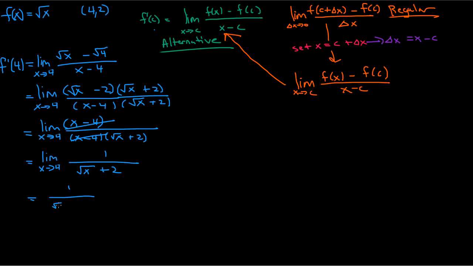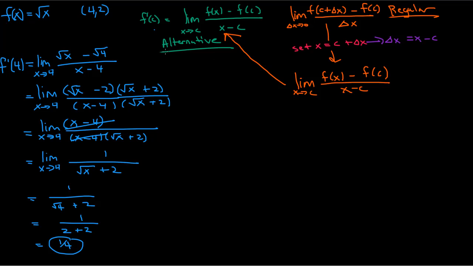Sorry about that. 4 plus 2 equals 1 over 2 plus 2 equals 1 over 4. So there we are. There's the slope of the tangent line at the point 4, 2 when our function is the square root of x. 1/4. So that was the alternative limit definition.